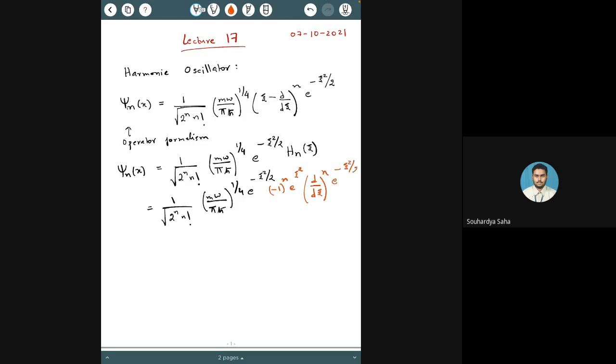So what we then need to show in order to prove that these two are equivalent is that this expression, xi minus d d xi whole to the power n, acting on e to the power minus xi square by 2, is the same as this part. So the rest is the same.